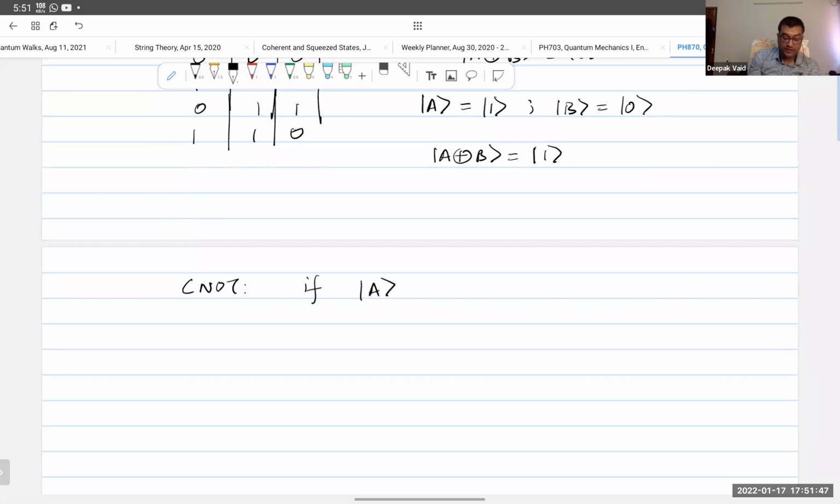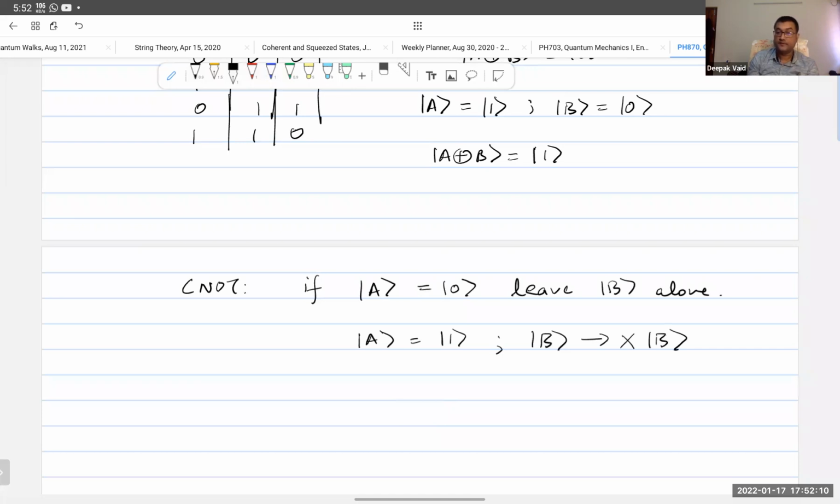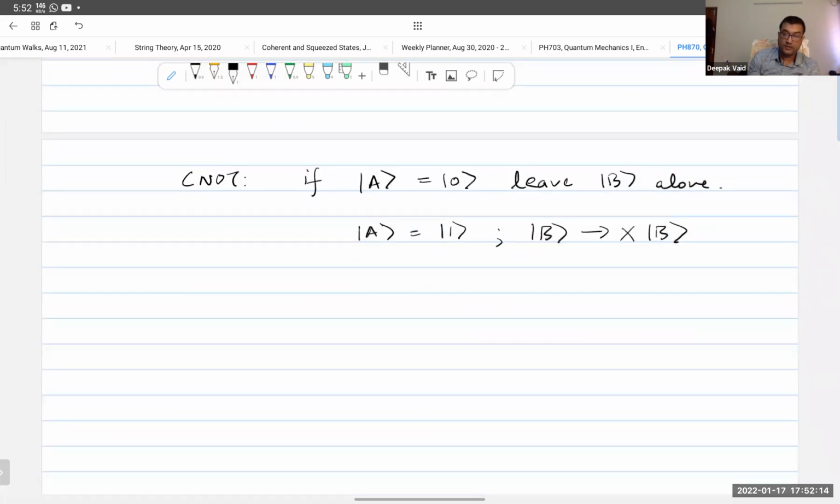If A is equal to 0, leave B alone, don't do anything to it. And if A is equal to 1, then B goes to XB, the quantum NOT gate.